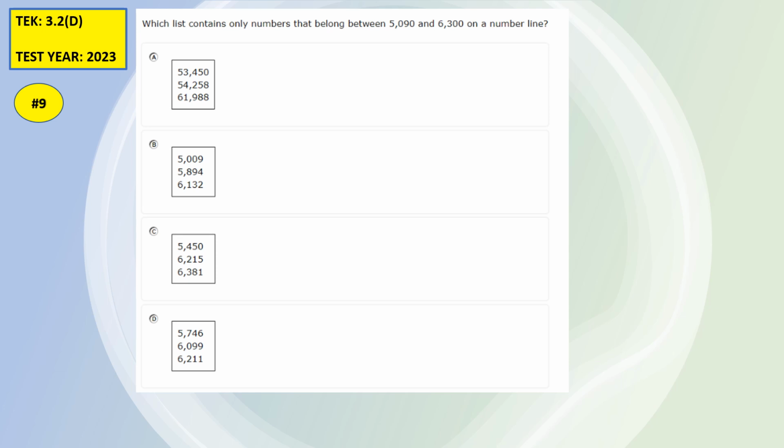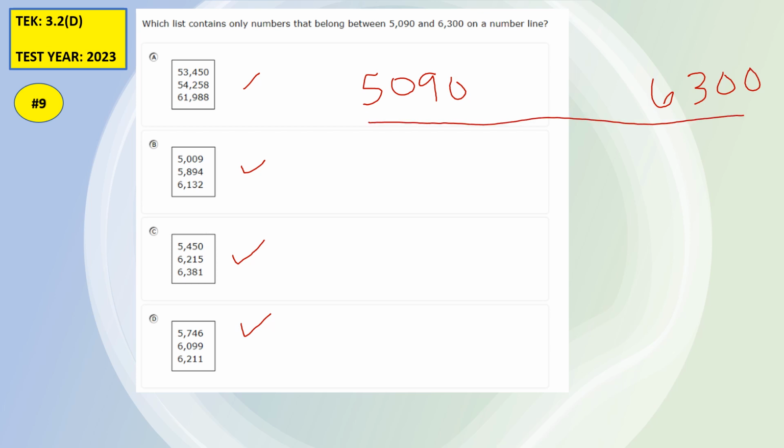So you're trying to figure out which one of these lists contain numbers that would only be found between 5,090 and 6,300 on a number line if you were counting. So you can't pick any numbers that would be before 5,090, and you cannot pick any numbers that would be after 6,300.